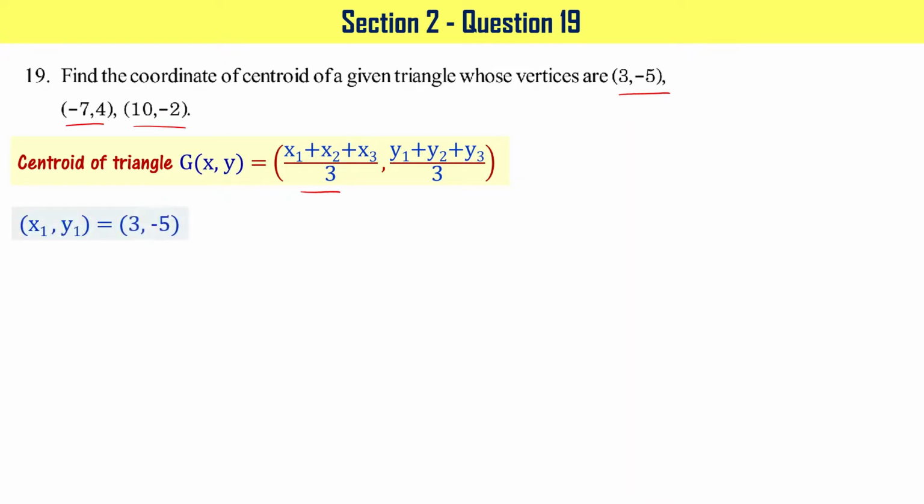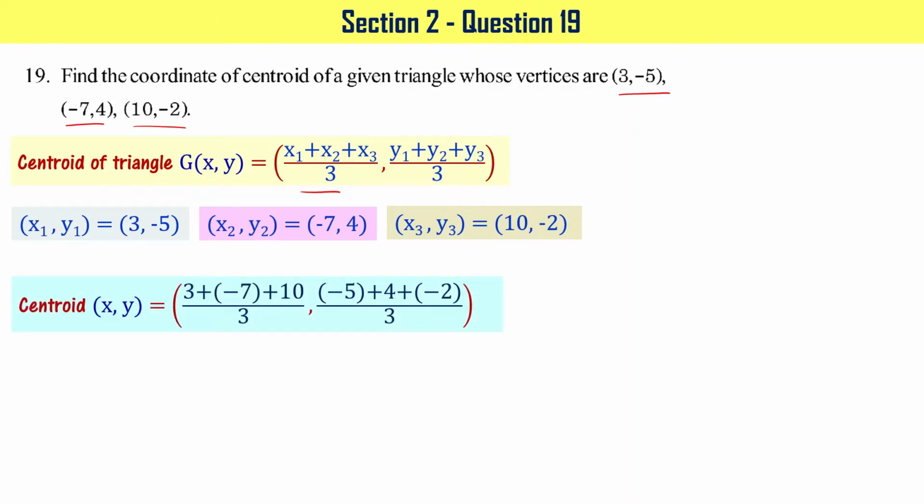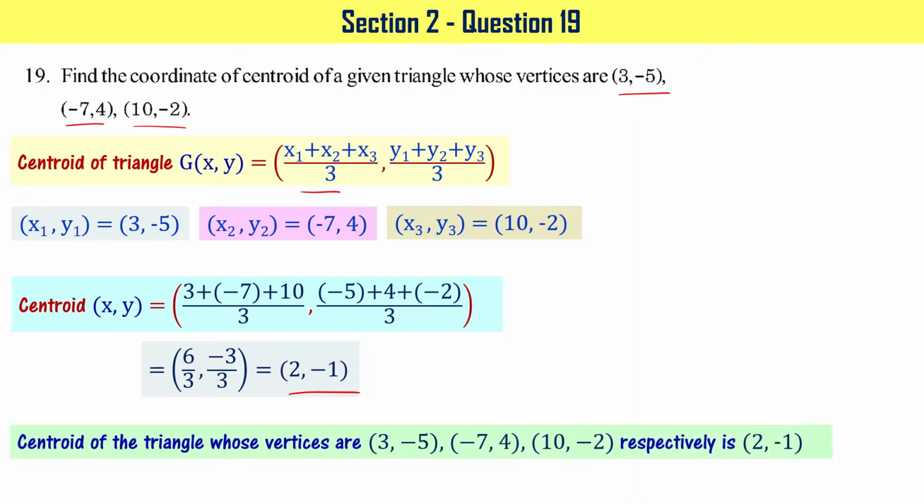Let's say that x1 comma y1 is 3 comma minus 5, x2 comma y2 equal to minus 7 comma 4, and x3 comma y3 equal to 10 comma minus 2. Let's substitute these three pairs into the centroid formula and simplify it such that you get centroid x comma y is 2 comma minus 1. Let's write that. Centroid of the given triangle is 2 comma minus 1. Let's go to the next question.